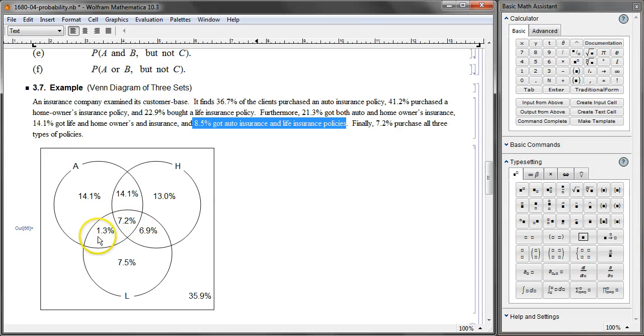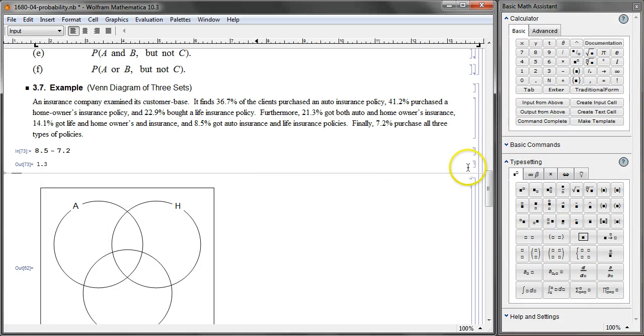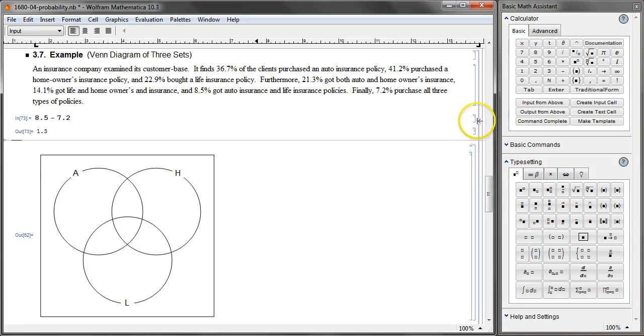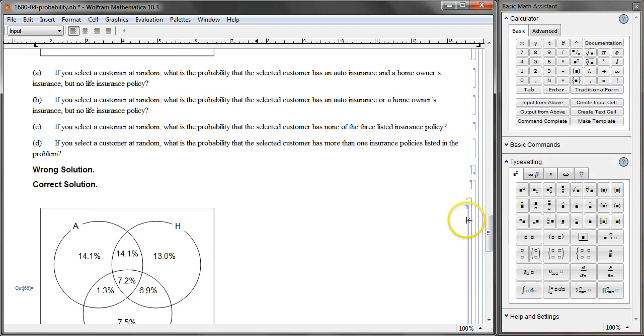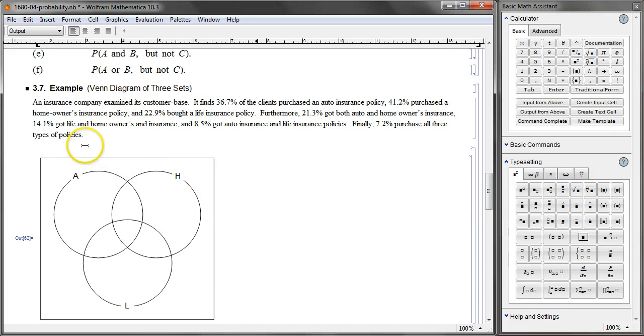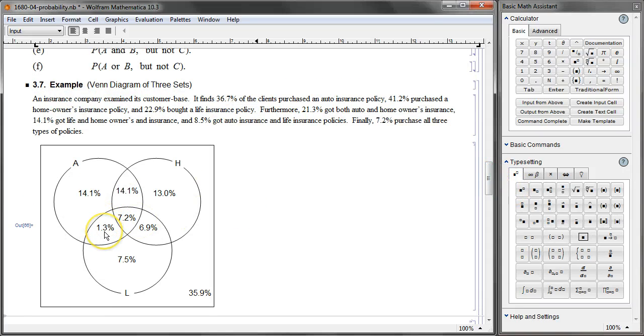So what we have left here, we have to do this kind of computation. 8.5 minus 7.2. And we end up with 1.3. Oh, where did that picture go? Sorry about that. That's how you get 1.3% there.